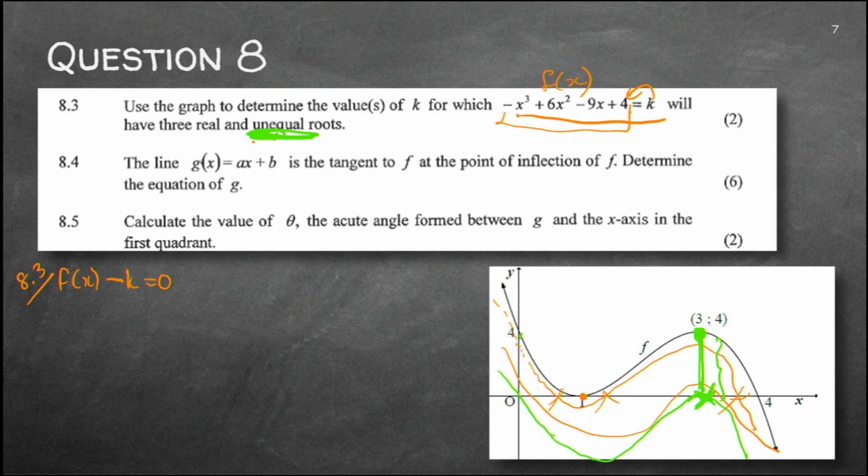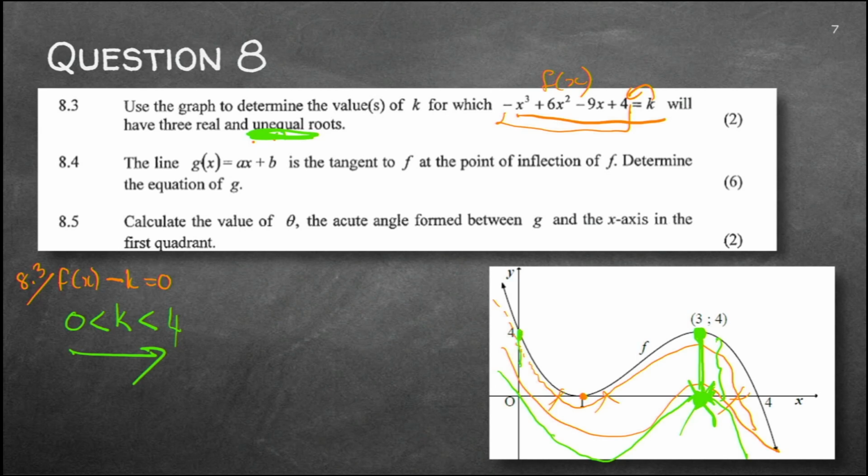Because it can be anything larger than 0, because if I lower it with 1 unit, I will have unequal roots. So I will literally state then that k should be larger than 0, but smaller than 4. And remember, it can't be equal, because if it's equal to 4, it will have 2 equal roots at this coordinate. So very important, that's how I would determine it.